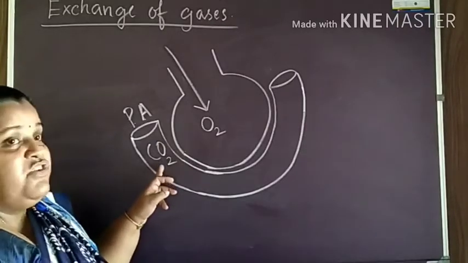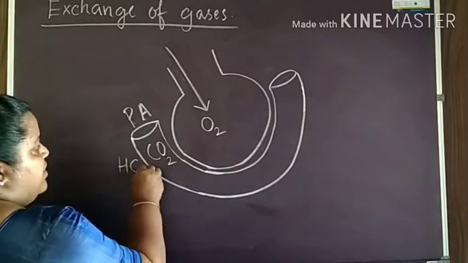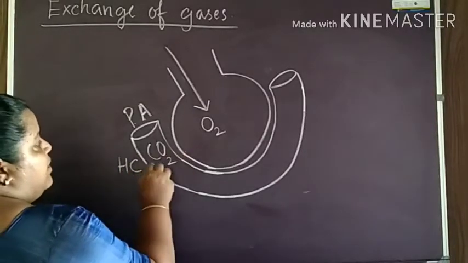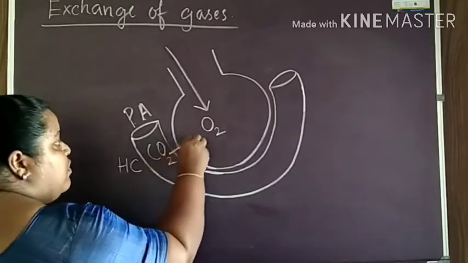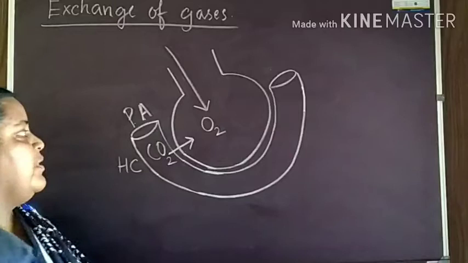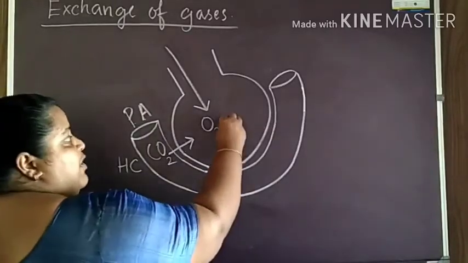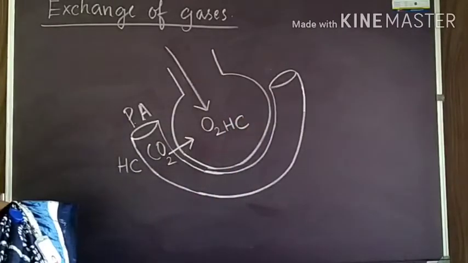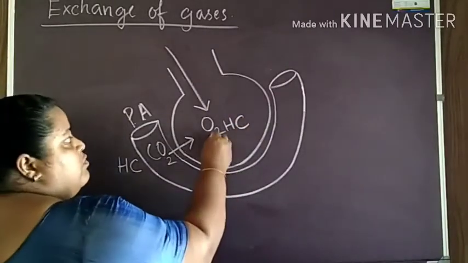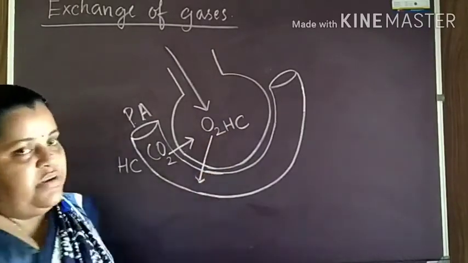Here the concentration of carbon dioxide is more in the pulmonary artery. So what will happen? Carbon dioxide moves from higher concentration to lower concentration. Similarly, in the alveoli, there is a higher concentration of oxygen. So what will happen? Oxygen moves from higher concentration to lower concentration.